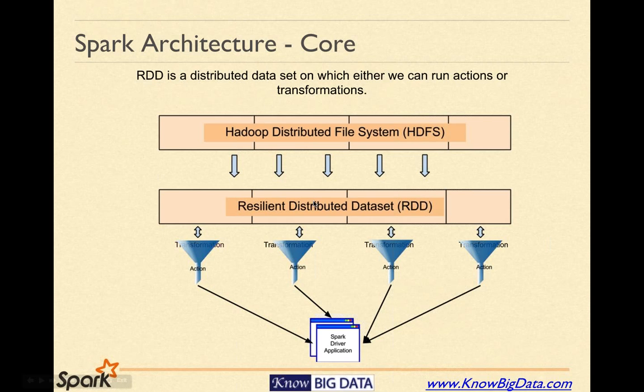All the elements of A which satisfy that condition will be put into the outcome. Now this is a transformation, and this transformation does not immediately happen. Spark would say, okay, fine, you told me that this transformation has to be done, I will do it. And when will it do it? The moment you execute an action.